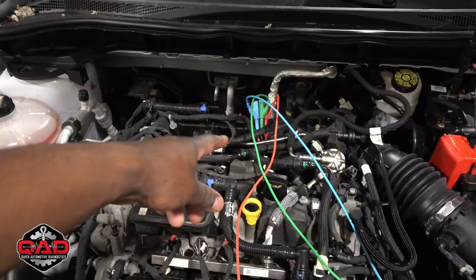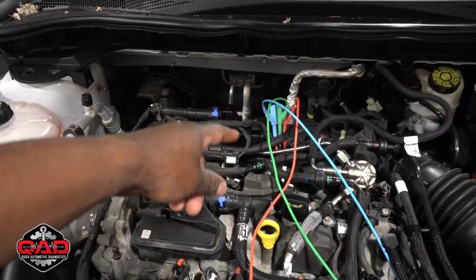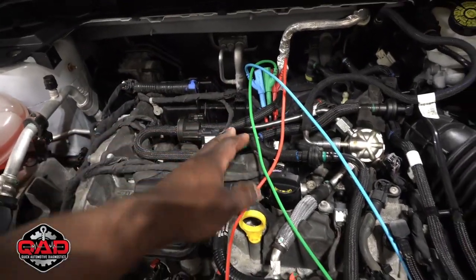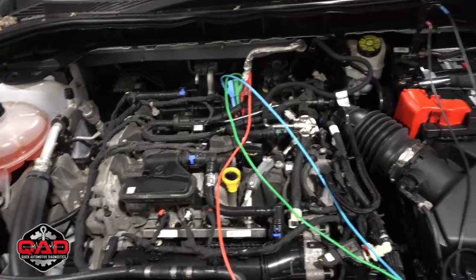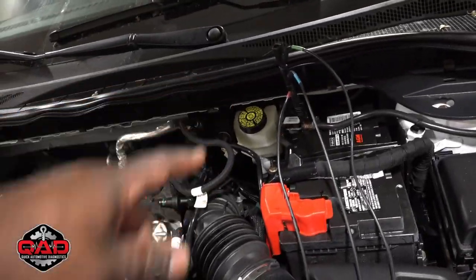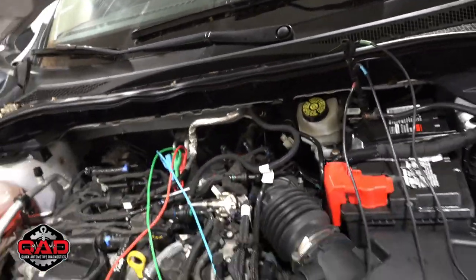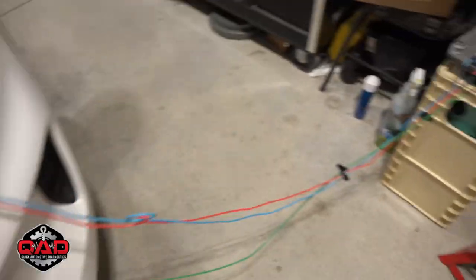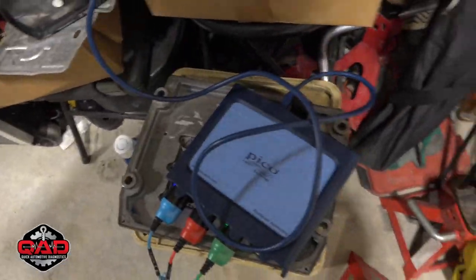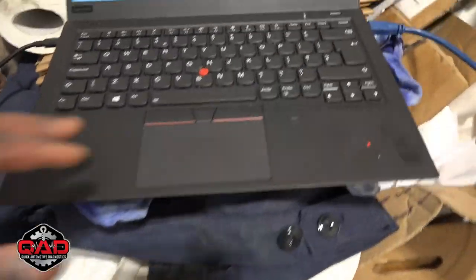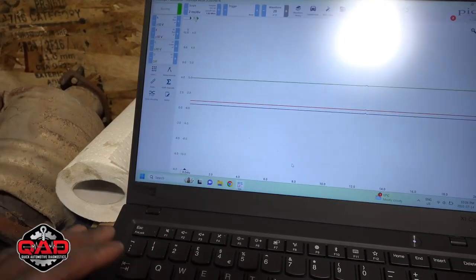So I connect the oscilloscope to check the pressure transducer and see when it fails. The probe is on the negative of the battery, and my Pico is here, and let's run this thing.